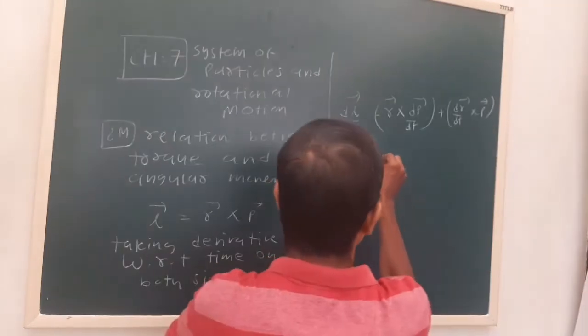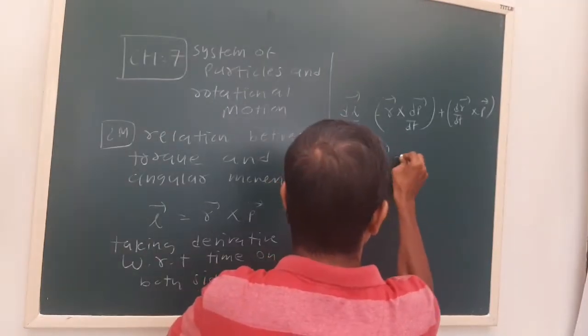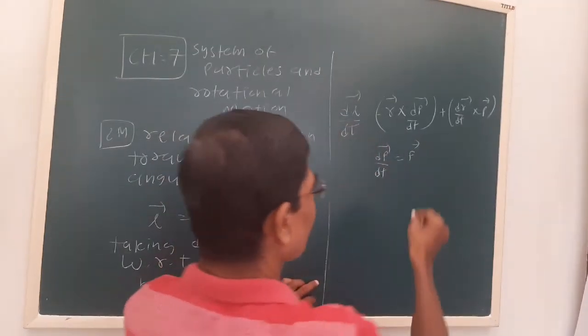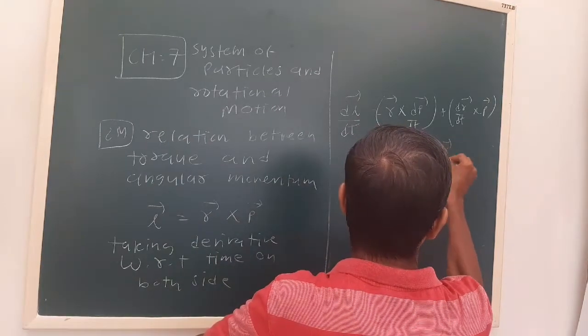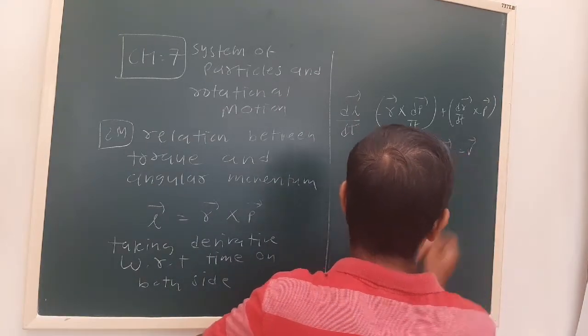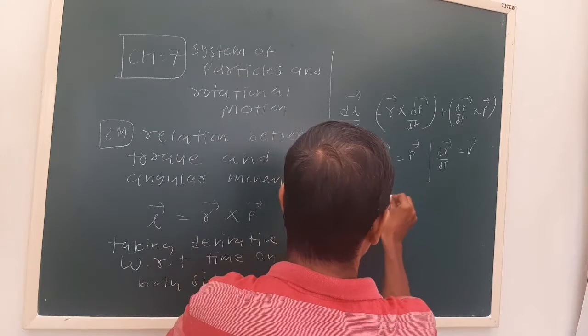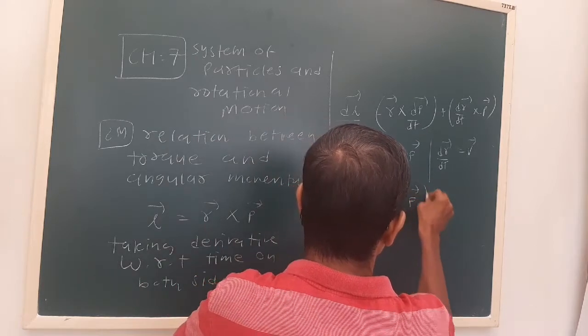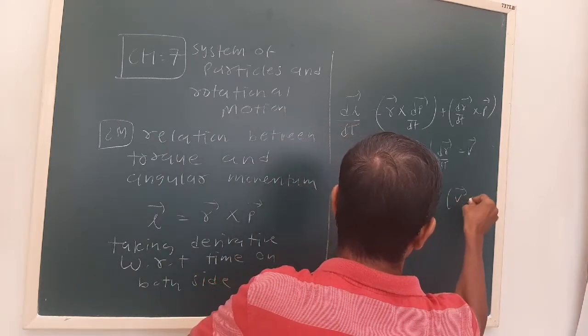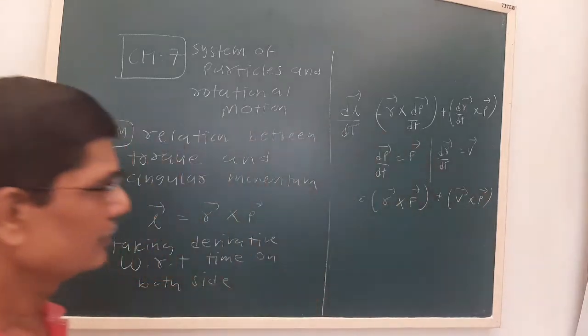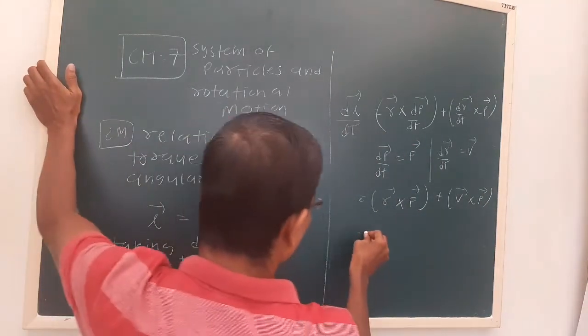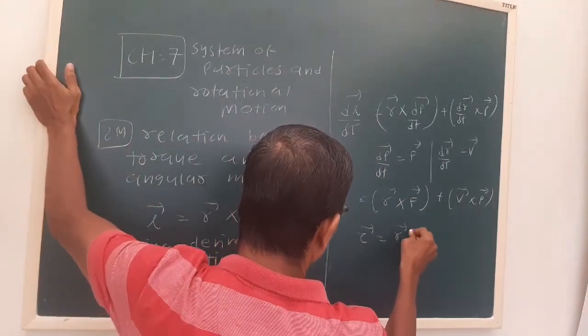Now we know dp by dt is force and dr by dt is velocity. So we can write r cross F plus v cross p.